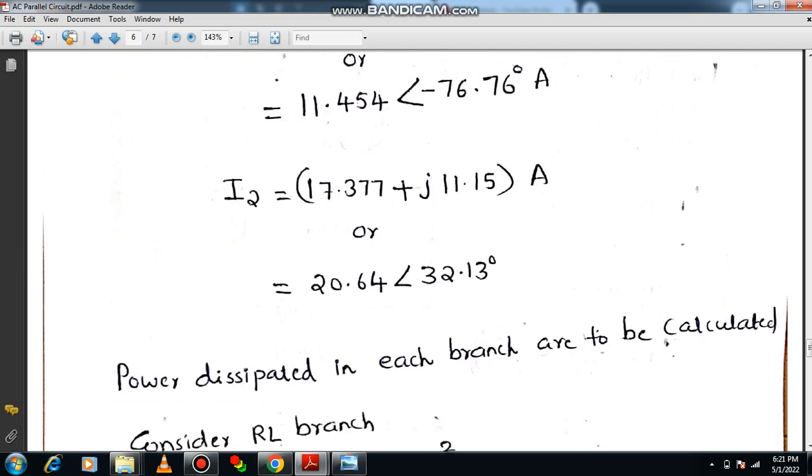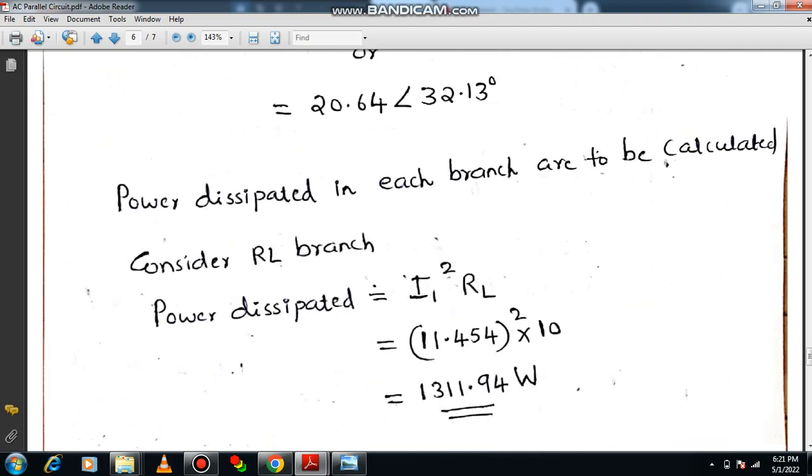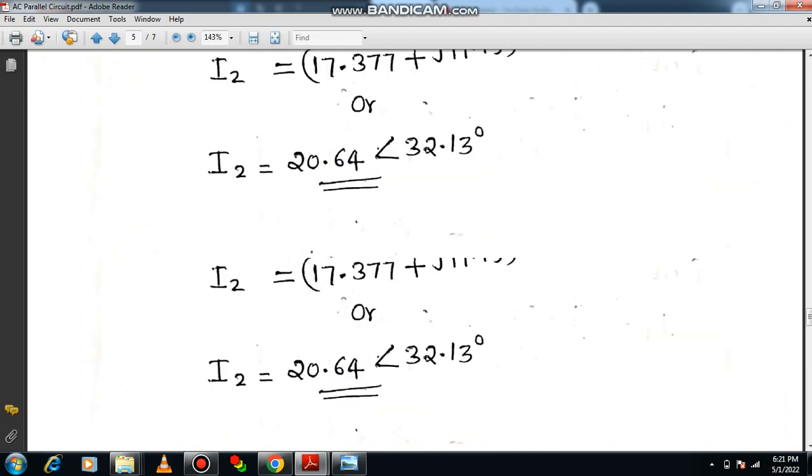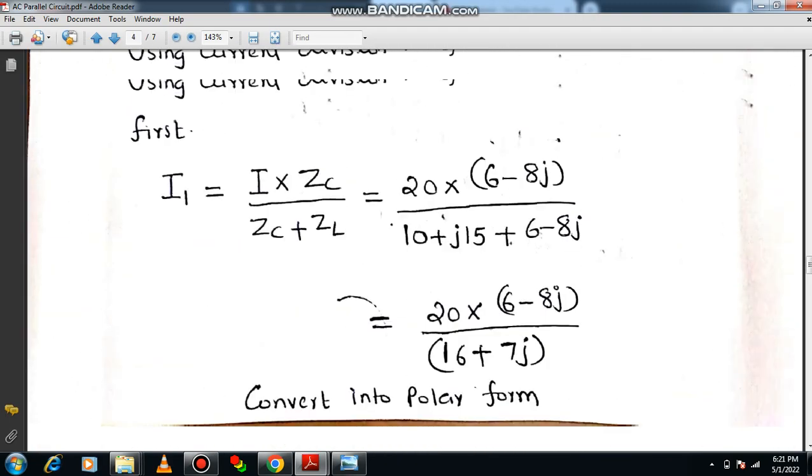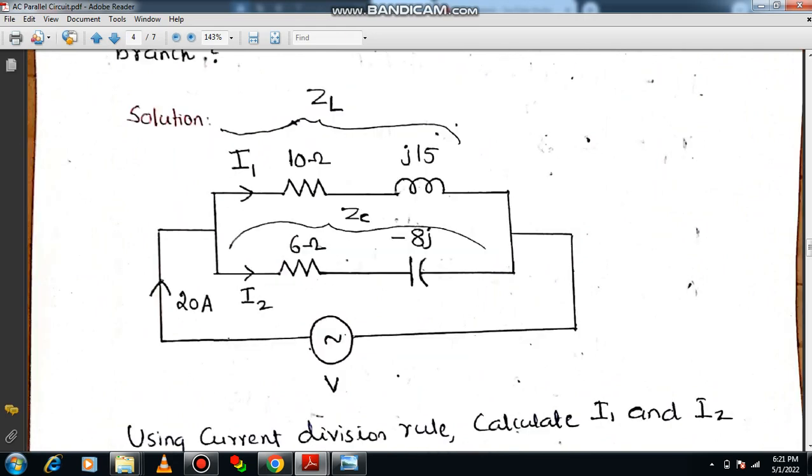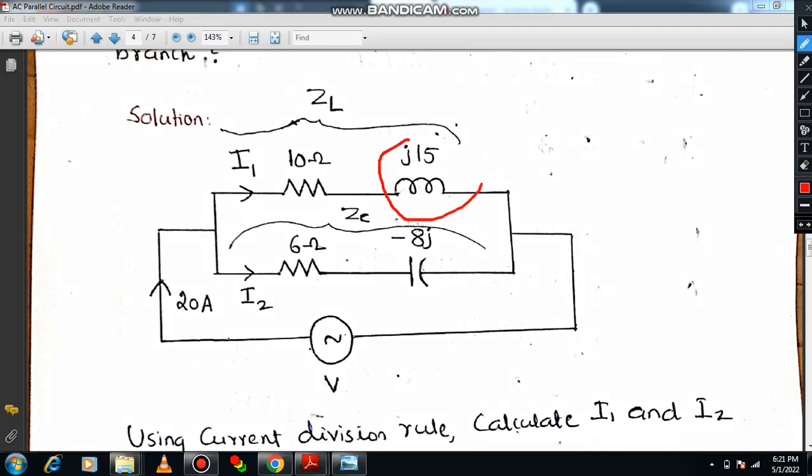Now you have to calculate the power dissipated in each branch. The first branch is an RL branch, 10 plus J15. I1 is already computed. Don't consider the inductive part, because it never consumes any power. It is never absorbed or dissipated.